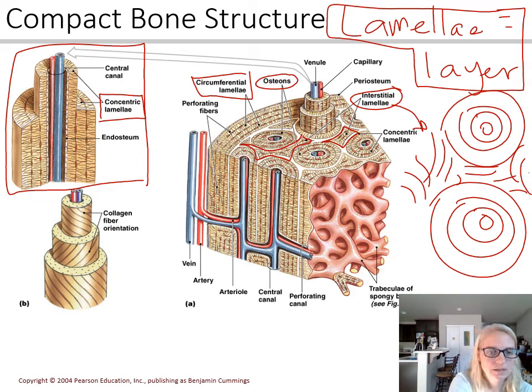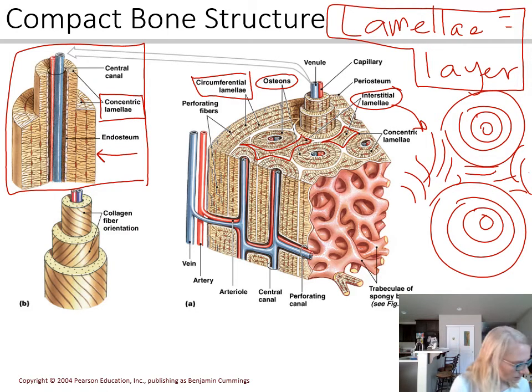So here is one layer of matrix, a lamella. And then sandwiched between the lamellae are going to be your osteocytes living in their lacuna. So we'll see this on the next slide a little bit better.